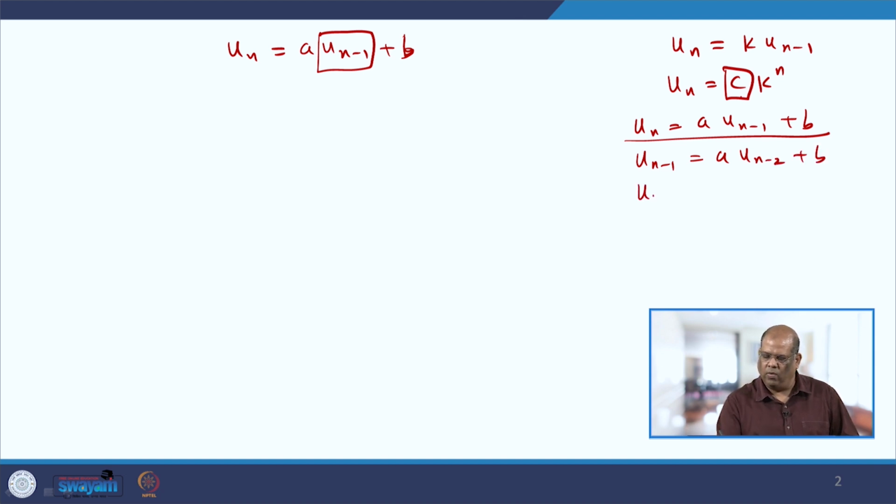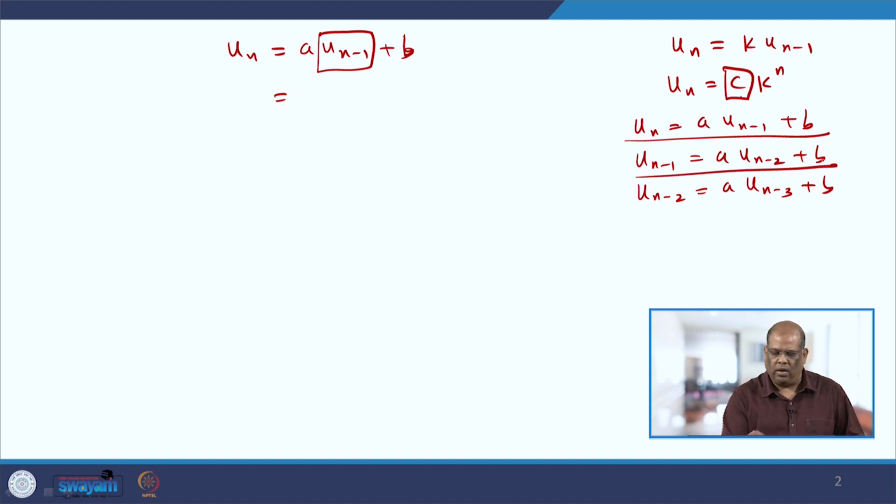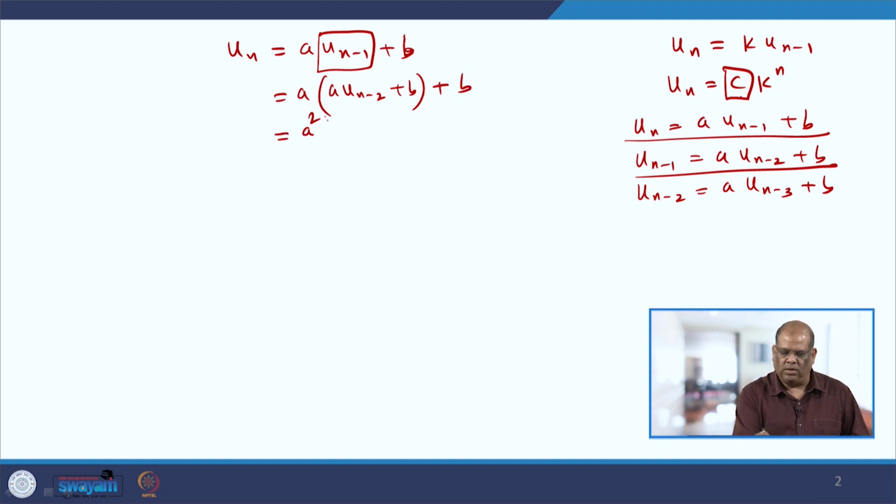Similarly, if I write un minus 2, this is a times un minus 3 plus b. So, the first step is I replace this un minus 1 by this particular difference equation, and I get a times un minus 2 plus b, which equals a square un minus 2 plus ab plus b.